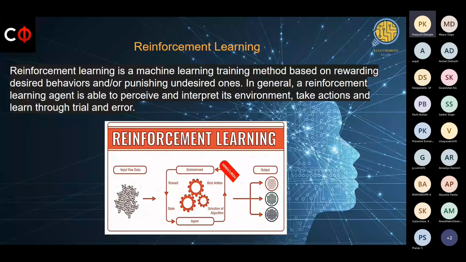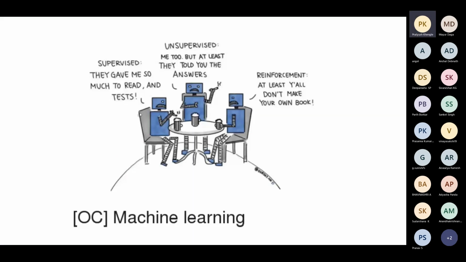So what it's trying to say is, it takes a decision based on its environment, then it gets some feedback from the environment on whether its decision was right or wrong, and then it learns from that feedback and learns to take better decisions. Like it learns by itself.